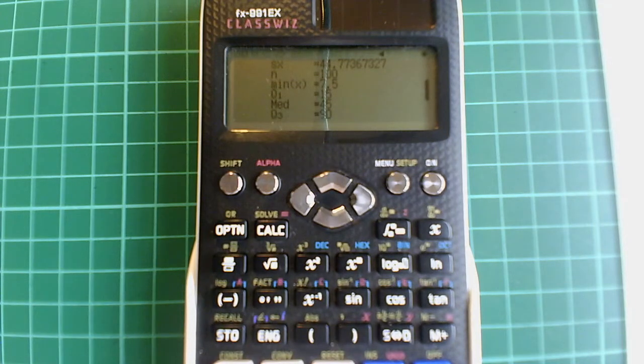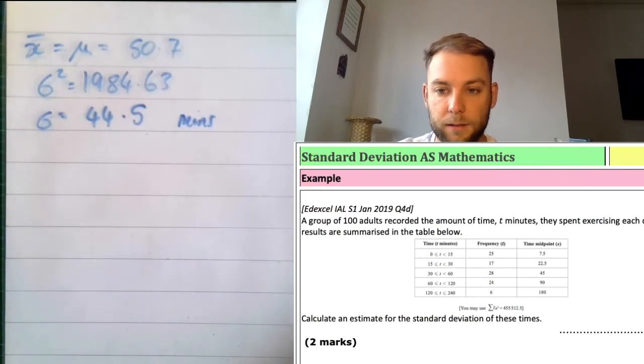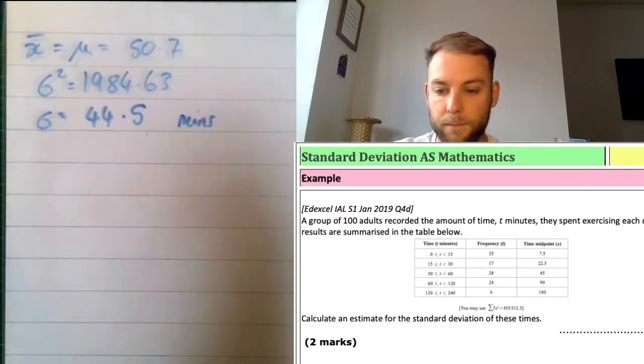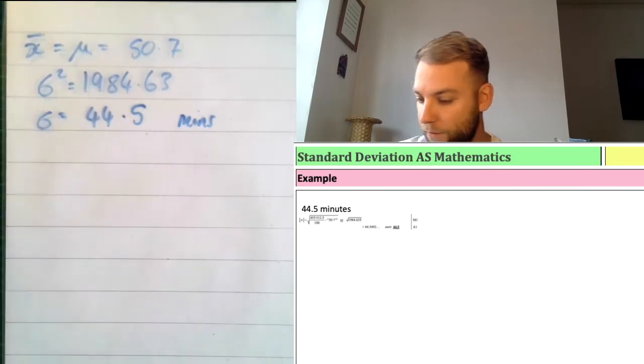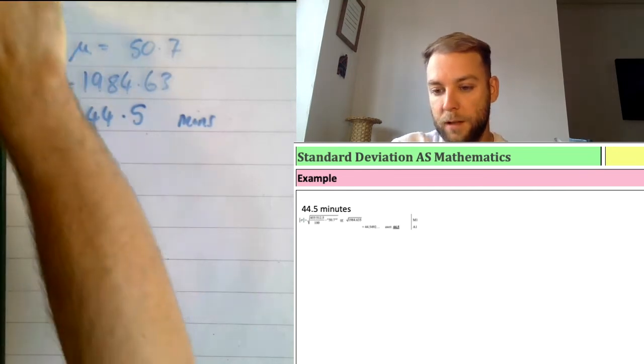It's got everything in there for this table, so you don't need to work out any of those. Brilliant. Let's just go back and check that answer then. So let's go back. 44.5, brilliant. Okay, let's look at our next question then.